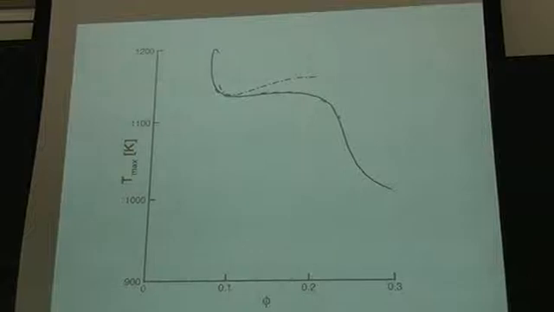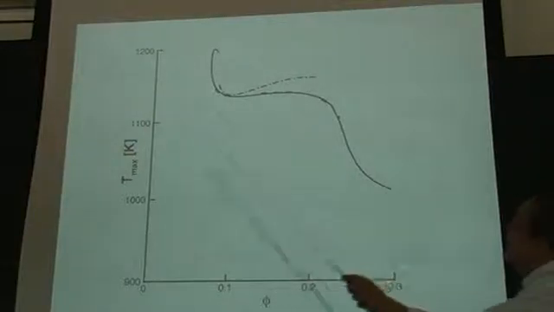Actually, it's a limiting reactant only for equivalence ratios less than 0.24, because hydrogen is attracted to the flame, so it becomes the limiting reactant. So oxygen becomes a limiting reactant for lean hydrogen flames because of that.